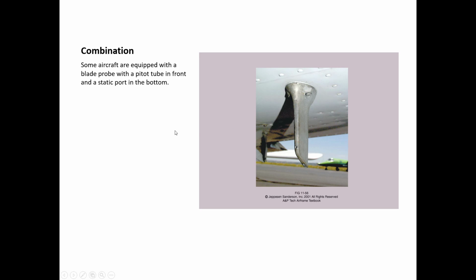I wouldn't be that much concerned about that. I'm kind of curious as to where they would put the drain hole if the static port is in the bottom, but they're not common enough to actually explore into a little cross section. If you have a plane like that, look into it further.